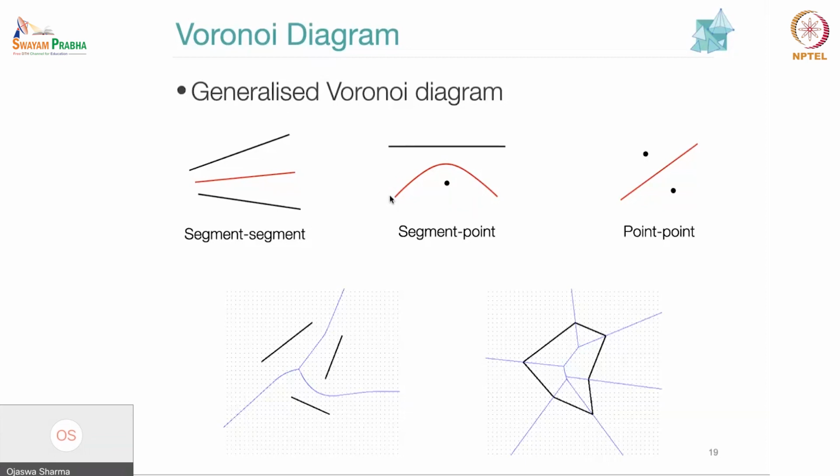So when you want to construct a Voronoi diagram of a discrete set of disconnected lines, you have to consider the Voronoi diagram between line and line, line and point, and point and point. All of these cases will happen.